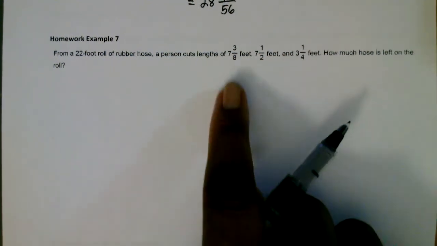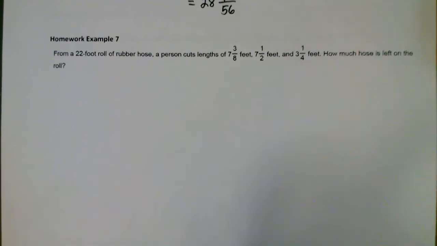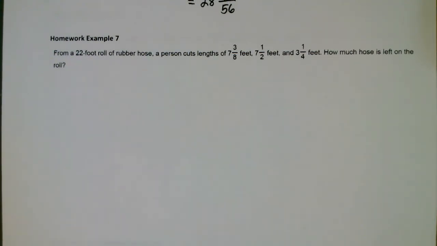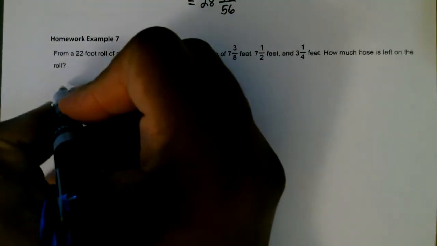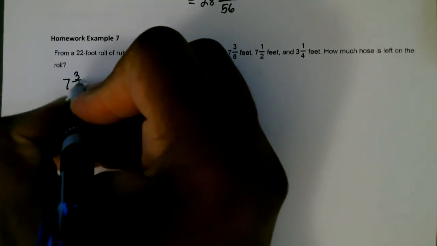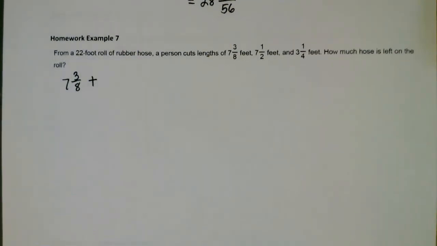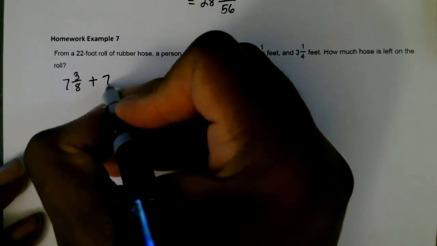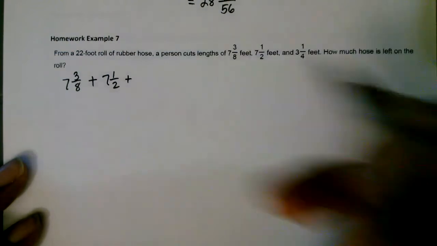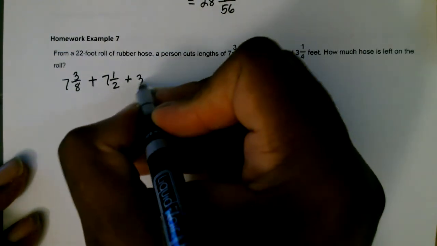So we need to add these lengths that were cut and then take that total and subtract it from 22. All right, so let's add 7 3/8 to 7 1/2 plus 3 1/4.